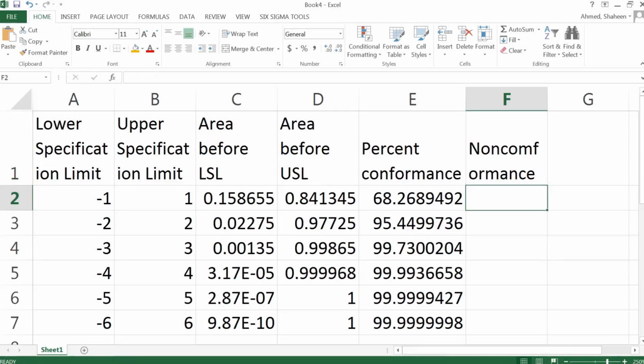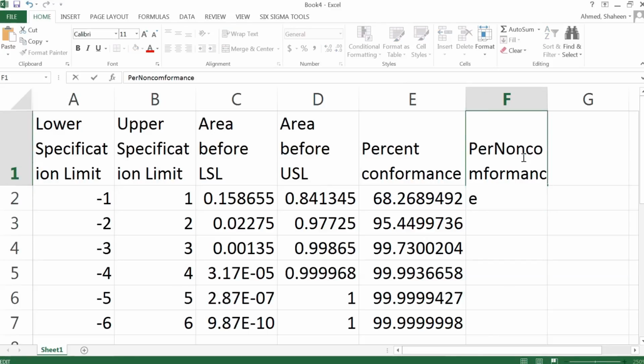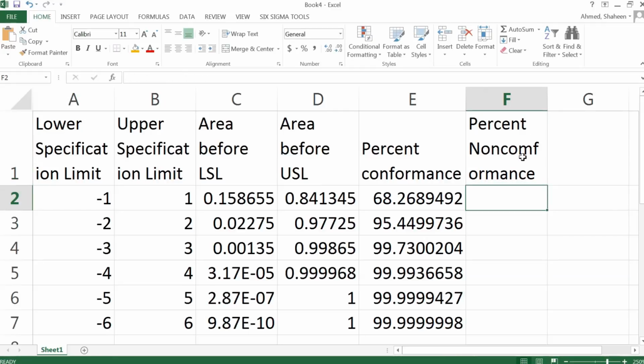Now if you want to calculate the percent non-conformance, we can write equals 100 minus this value. If 68.27 is within conformance out of 100, then non-conformance will be 100 minus this value. Now I copy all the way down.